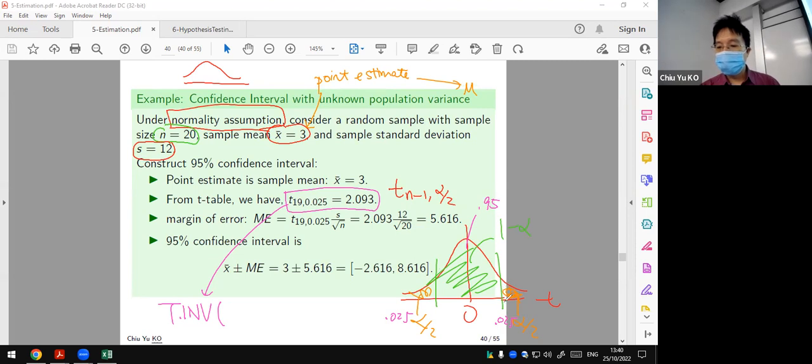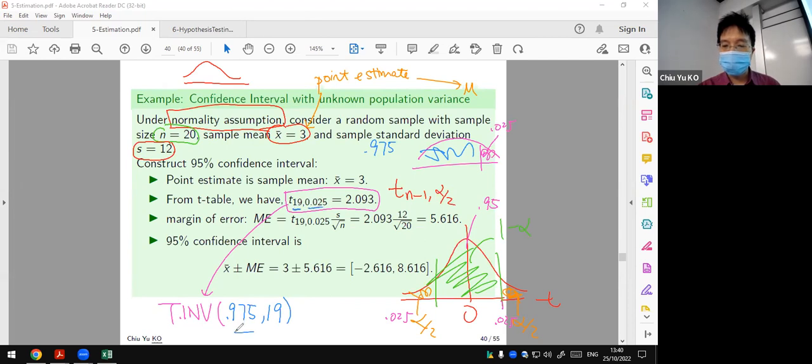So if you look at this, the right hand side is 0.025, that means that the left hand side is 0.975. So that's why 0.975. And n is 20, so it's 19. So that's how 19 is here.